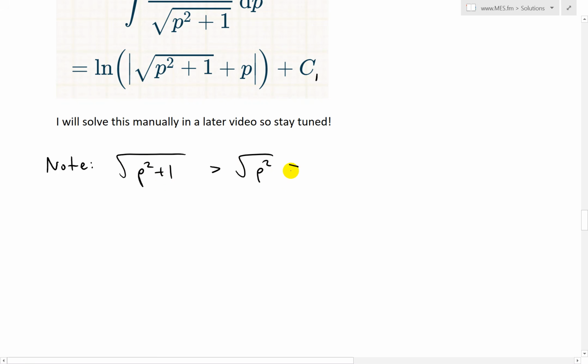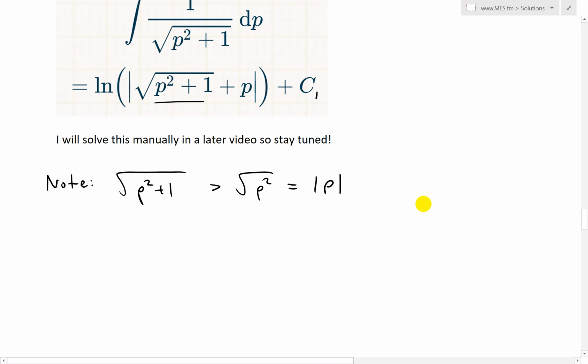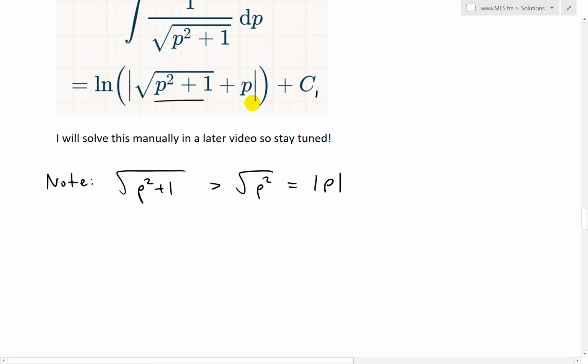This part right here equals the absolute value of p. Because this part is always going to be greater than the absolute value of p, the whole thing inside is going to be greater than or equal to 0, so it's not going to be negative ever.